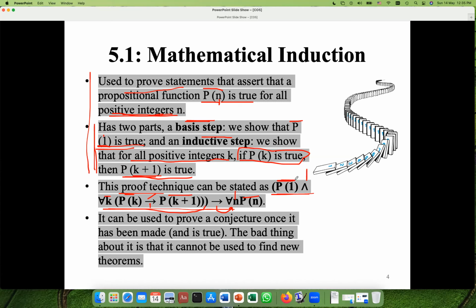And if both these conditions, condition 1 and condition 2, are true, and this is again an arrow, it means if both are true, then I can say that P(n) is true for all positive integers n. This is the whole story that we have taken from the previous bullets.